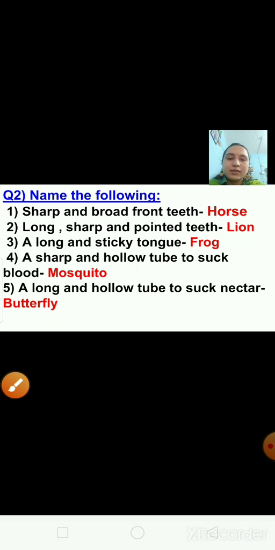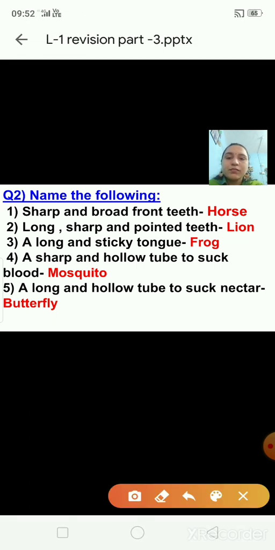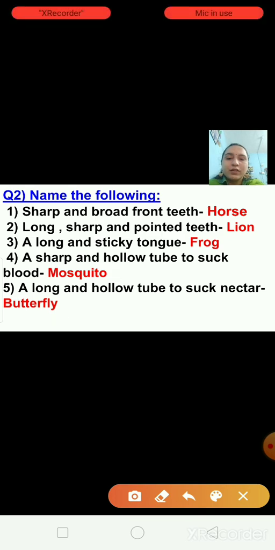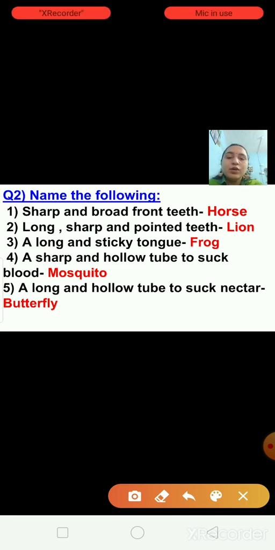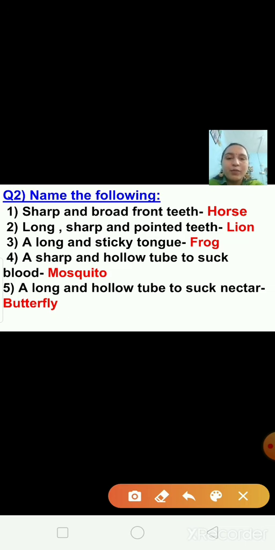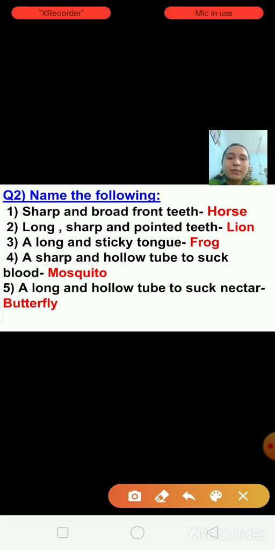Now question number 2. Name the following. In that, first one, sharp and broad front teeth. Now tell me, who is having sharp and broad front teeth? Yes, herbivorous animals.